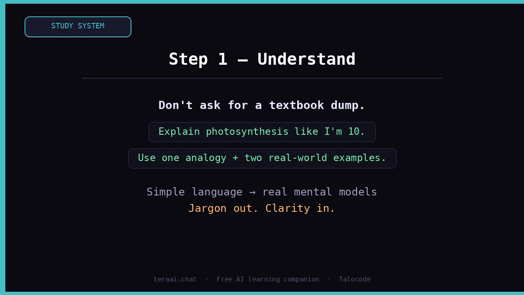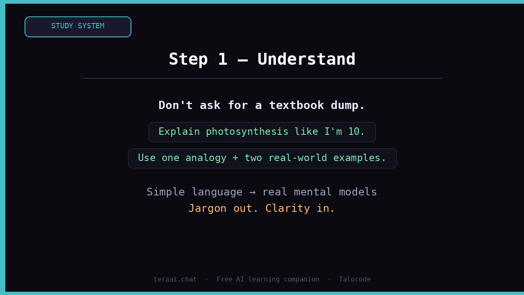Build a realistic day-by-day study plan with reading, practice problems, and review sessions." Tera creates a schedule you can actually follow. No more guessing what to study tonight. No more wasted all-nighters. You follow the plan, and by exam day, you've covered everything systematically.